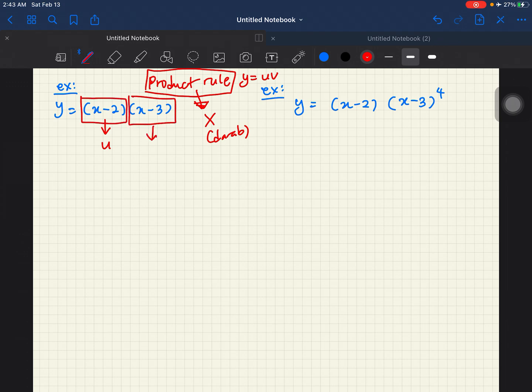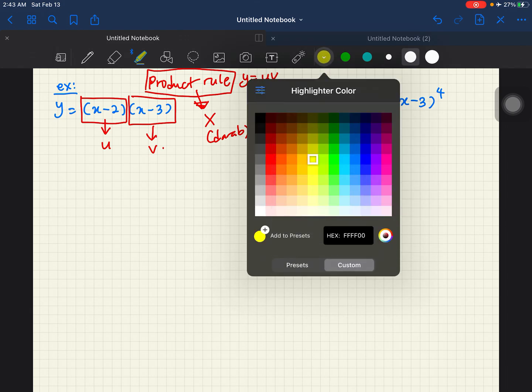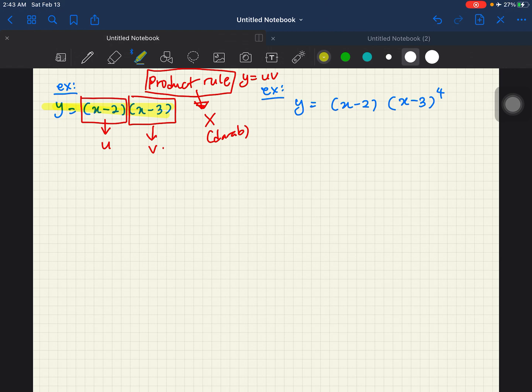So ini kita panggil dia product rule. In this first case, kita masih boleh selesaikan dia menggunakan cara yang biasa, iaitu we just need to expand this. So dia akan jadi y sama dengan x square minus 3x minus 2x plus 6. So you'll get x square minus 5x plus 6.